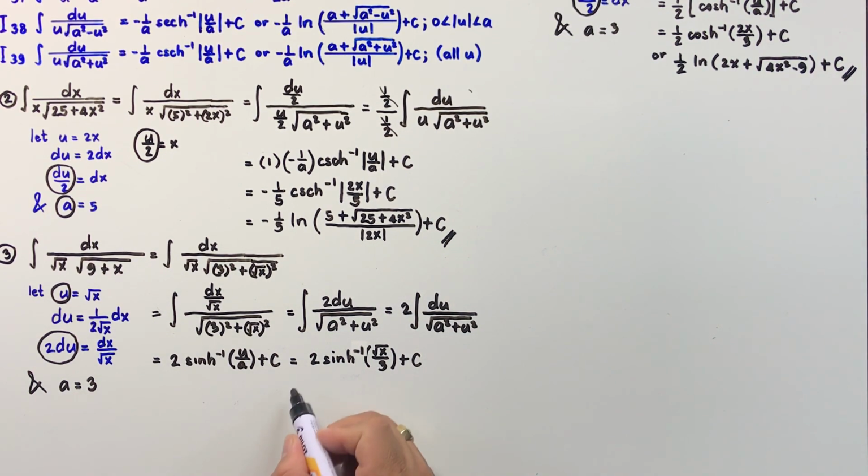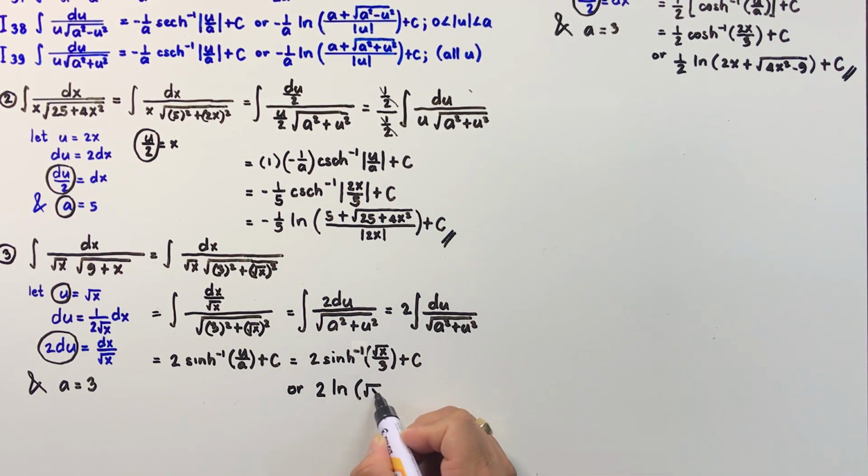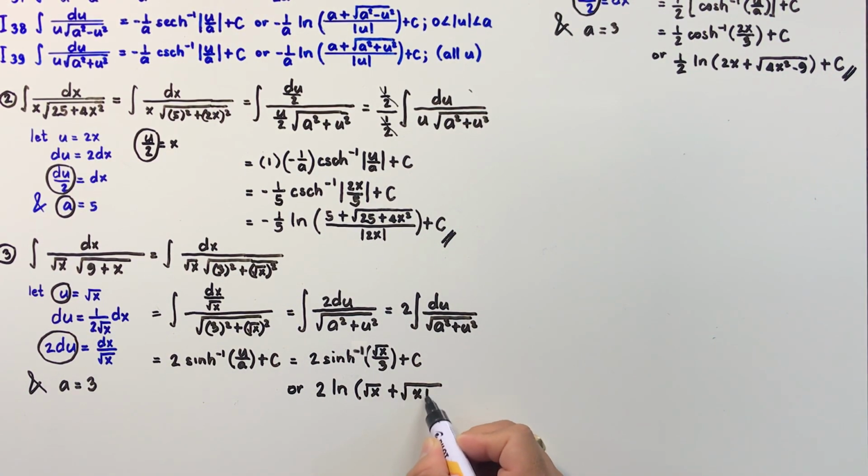Or you may write its answer in its equivalent logarithmic form, which is 2 times the natural log of the square root of x plus the square root of x plus 9, because the square of the square root of x is x and the square of 3 is 9. And this is added to the constant of integration c. So this is our answer for problem number 3.